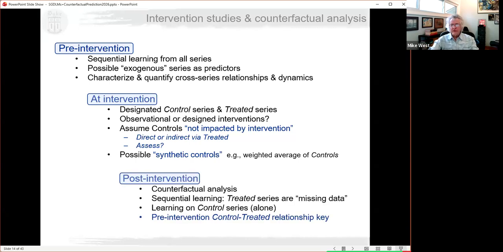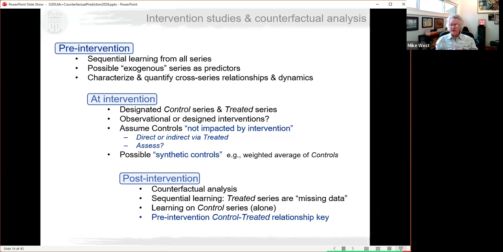Then following intervention, we get into the counterfactual phase, where we follow the data from the control series as observed data, and we continue to learn about the structure of the model from the control observations. But the counterfactual setting is that we maintain the model structure as it was at intervention and don't use what happened to be the realized outcomes on the treated series to update.